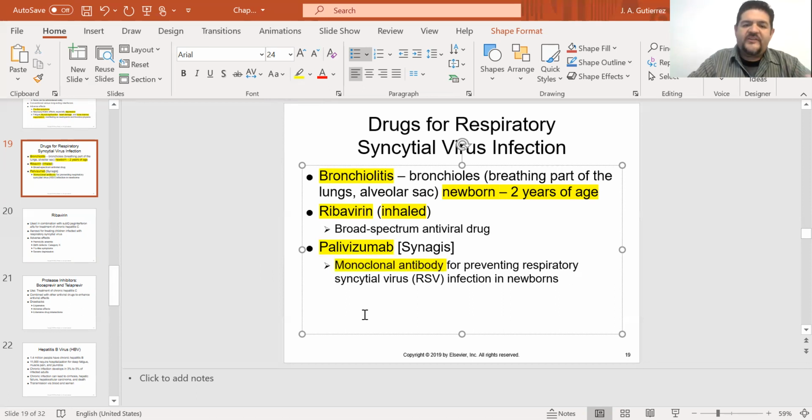Monoclonal means one specific type. We're given one specific type of antibodies that we already designed to fight the respiratory syncytial virus in this group of patients. This medication is not inhaled or PO, it has to be IV.